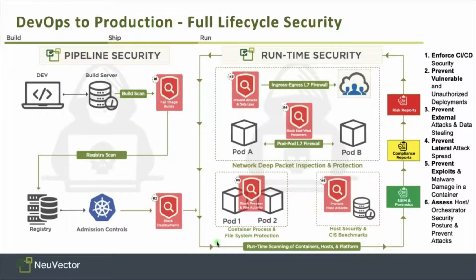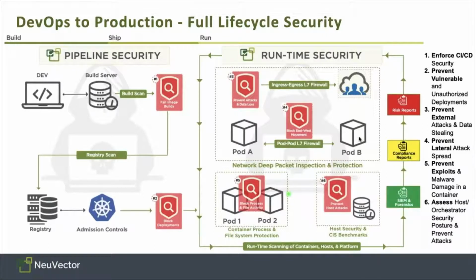Now, once you're in the production environment, it becomes much more difficult to automate all of the security needed to protect at runtime because there's many layers of security in the runtime environment. The top box we see here on runtime security is this whole area of network security. This is one of the most critical areas of runtime protection, which requires a layer 7 container firewall.